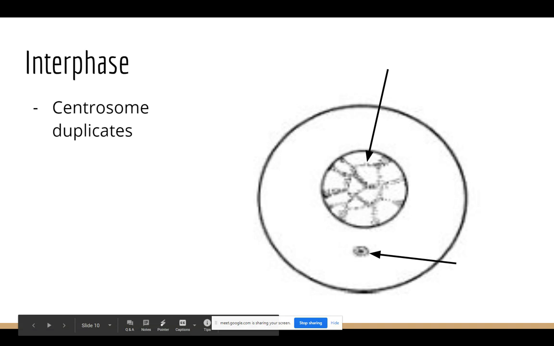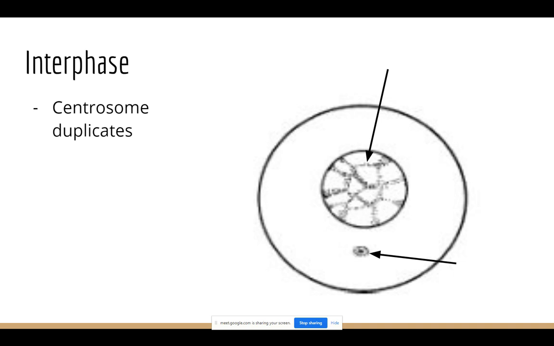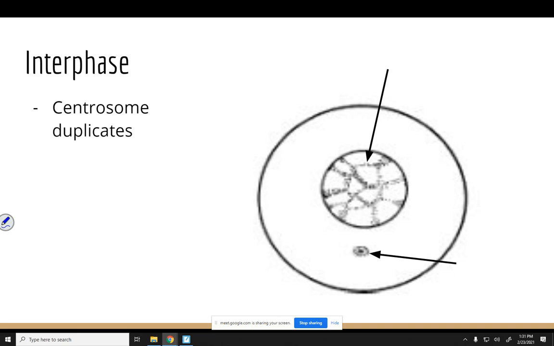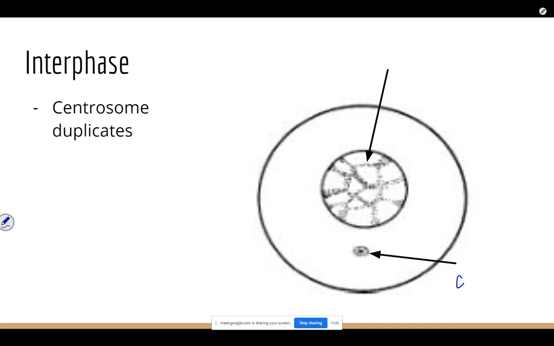During this time, the centrosome also duplicates. That happens during the S phase as well. The centrosome is this region down here.